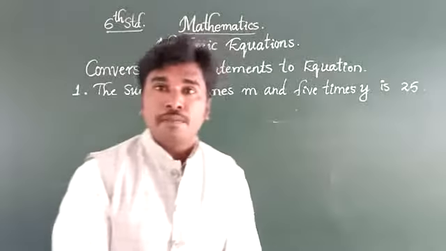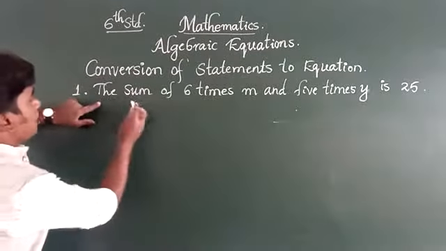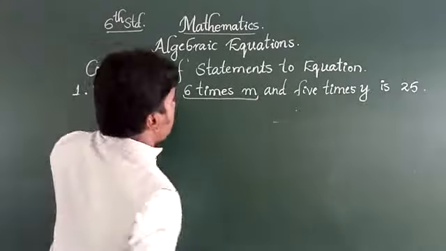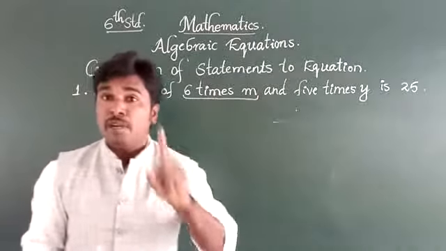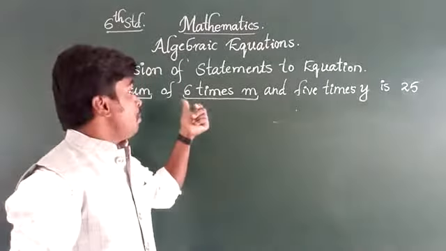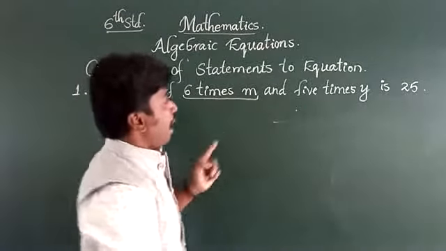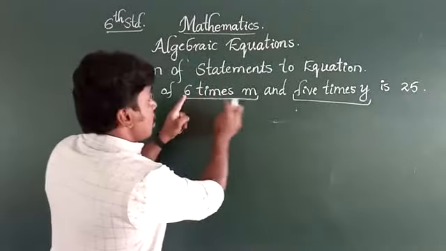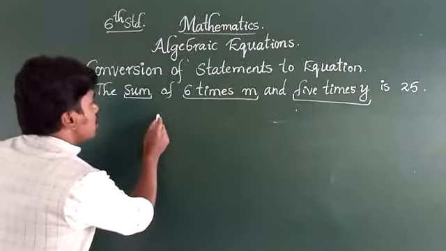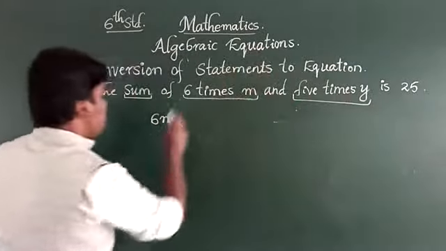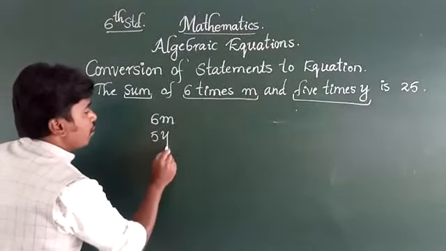Observe, dear students, the sum of 6 times m and 5 times y. Sum means plus. 6 times m is nothing but 6m and 5 times y is nothing but 5y.